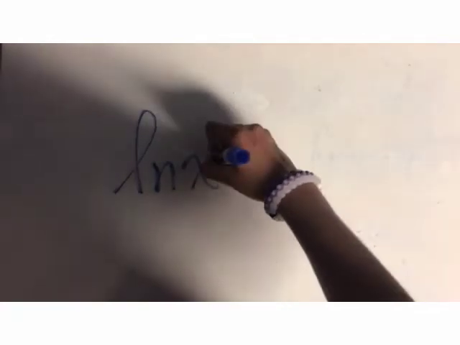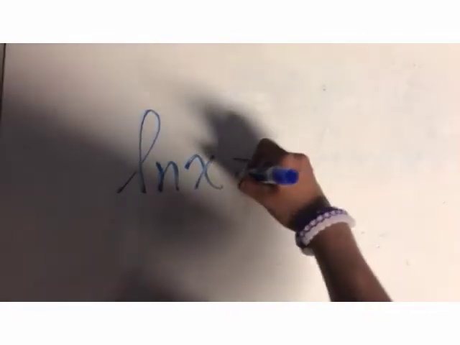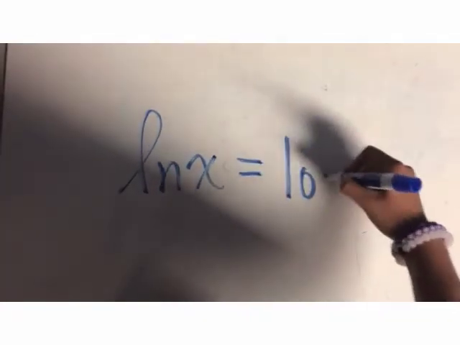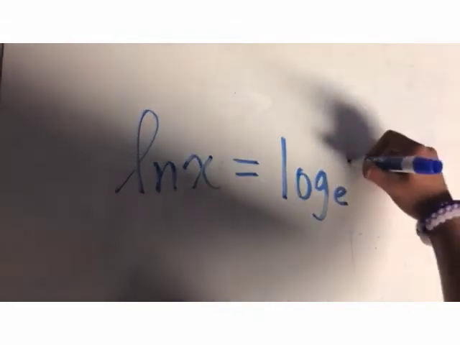Also, the natural log function is written in the format ln of x, which is also equal to log base e of x. And as you've learned previously with a logarithmic function, the same properties apply with natural log.